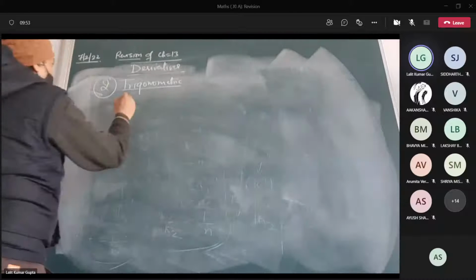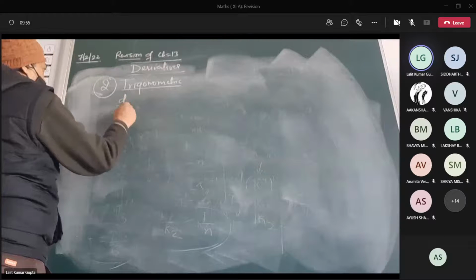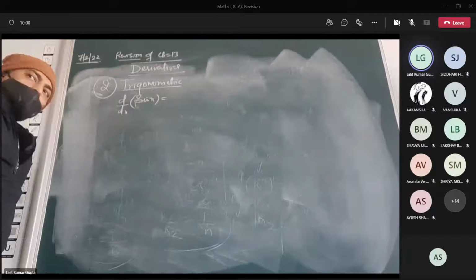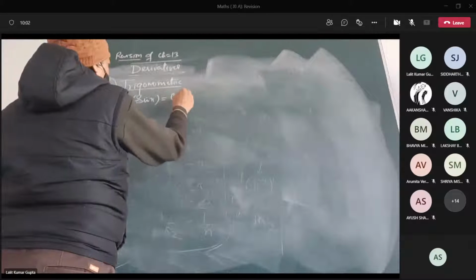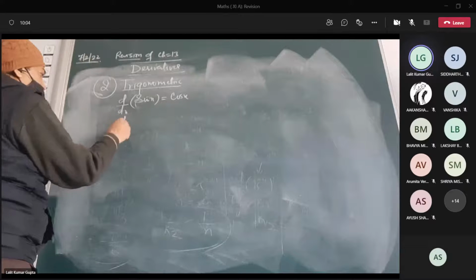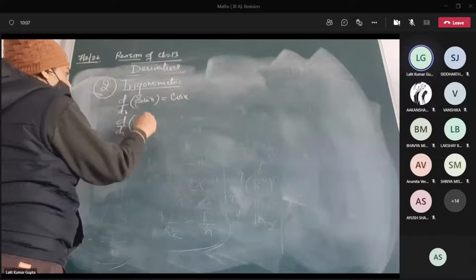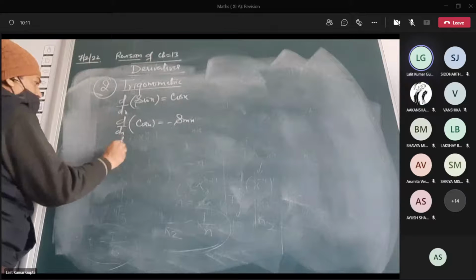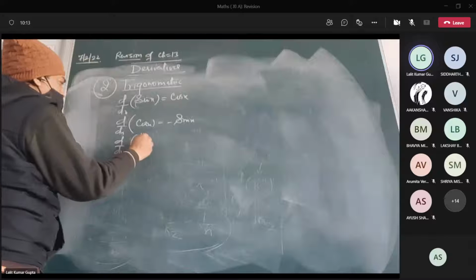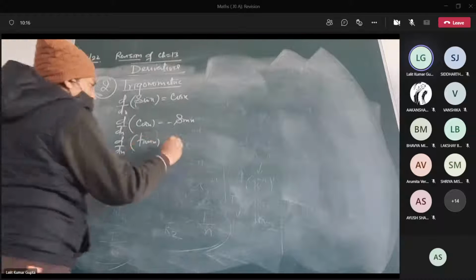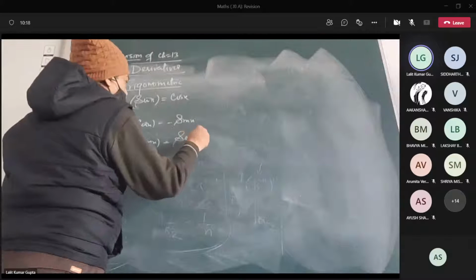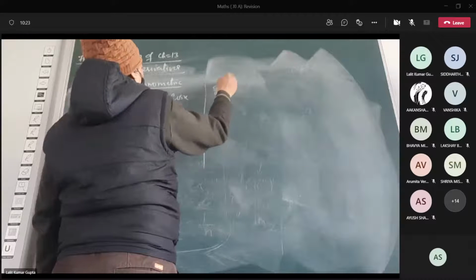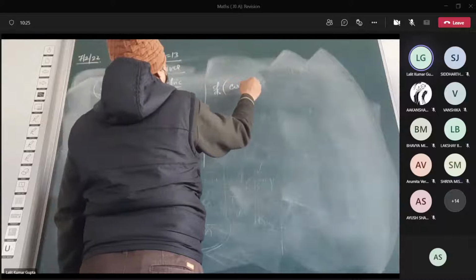This you have done in physics also. d by dx of cos x is minus sin x. d by dx of tan x is secant square x. Right. Now number 4 is d by dx of cosecant x.